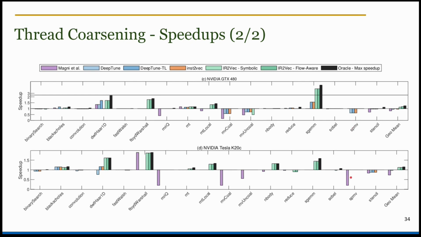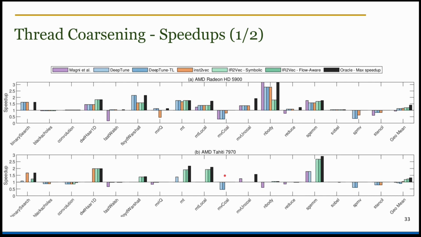The same applies for MV-call. If not tuned properly, all these would give negative speedups or slowdowns. This is true in the case of AMD devices as well. MV-call always or mostly shows negative performance in SPMV.